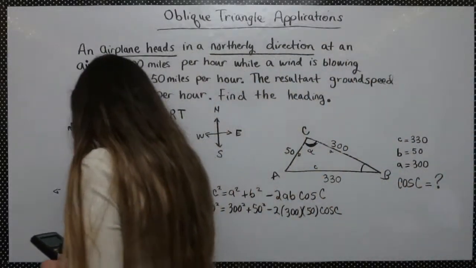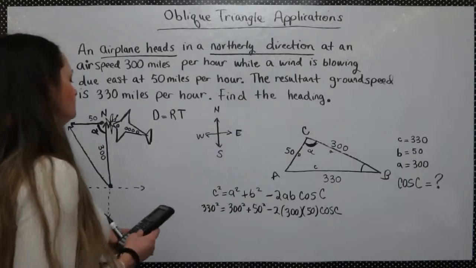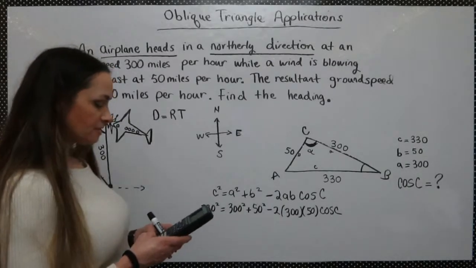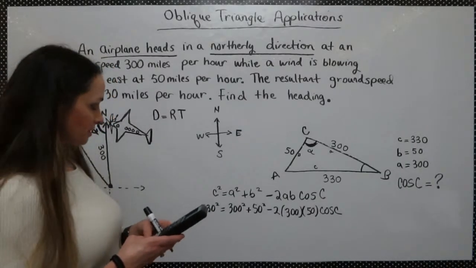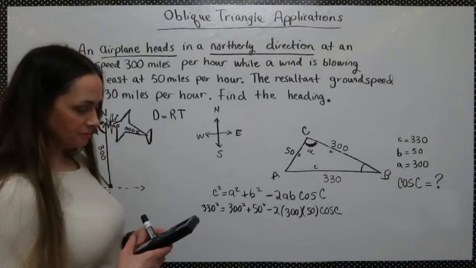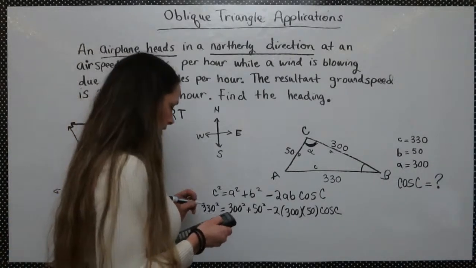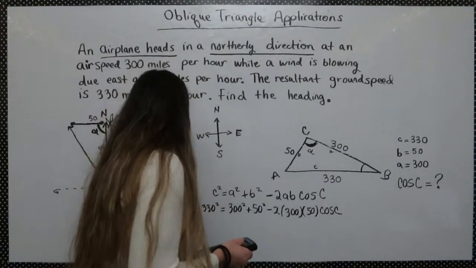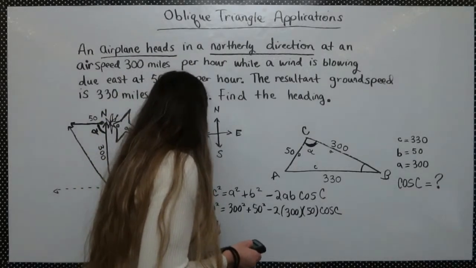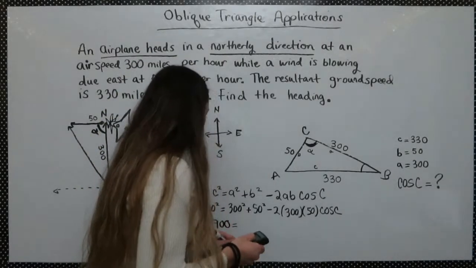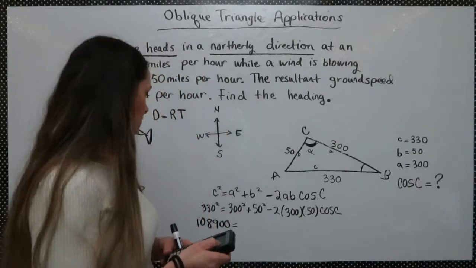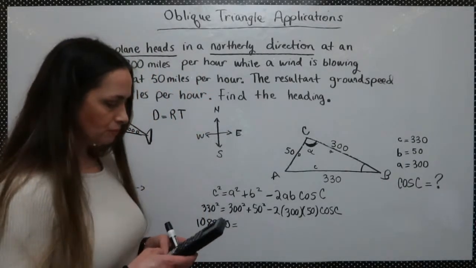let's go ahead and get the calculator out. So 330 squared is 108,900. Because law of cosines, you end up having to take pretty large numbers.